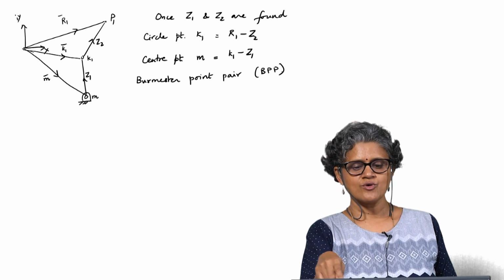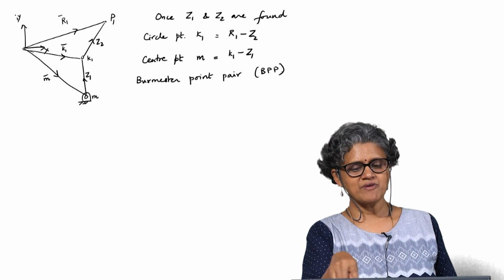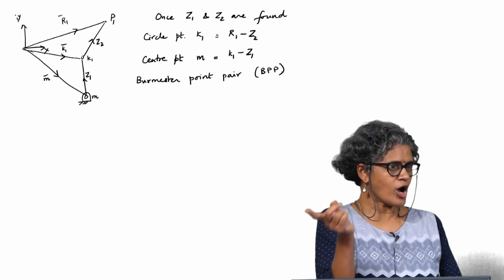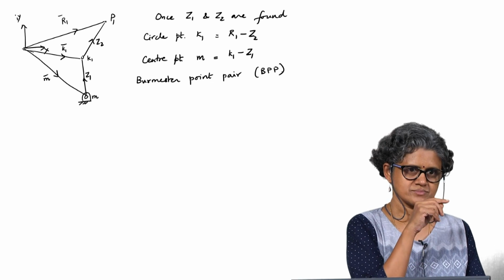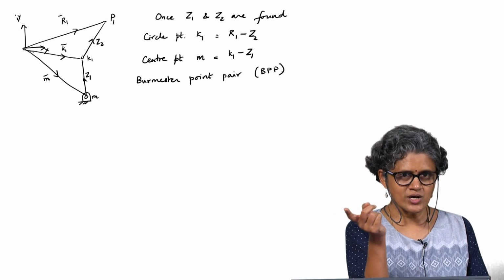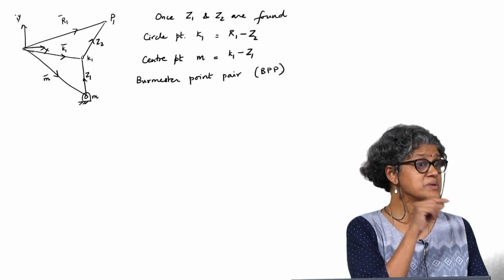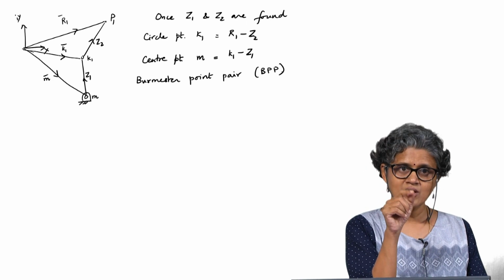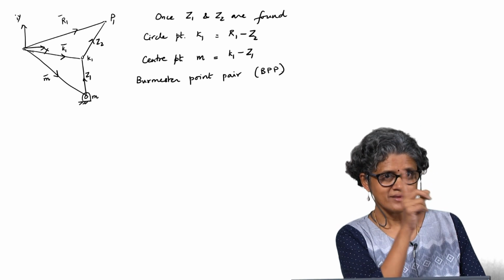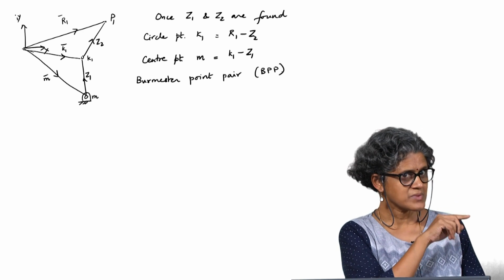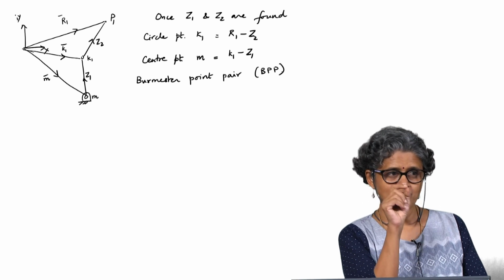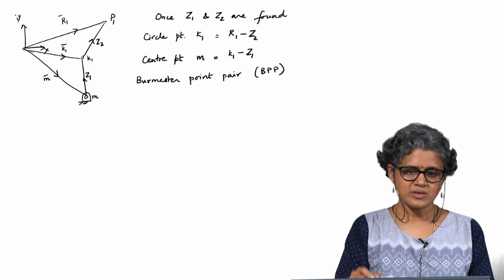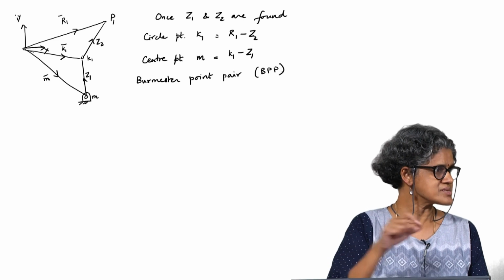Correct. So, from that, if I plot all those points, I get a locus of all the possible circle points for which I can hit these 4 positions. And for each of those circle points, there is a specific center point which is determined by this relationship.